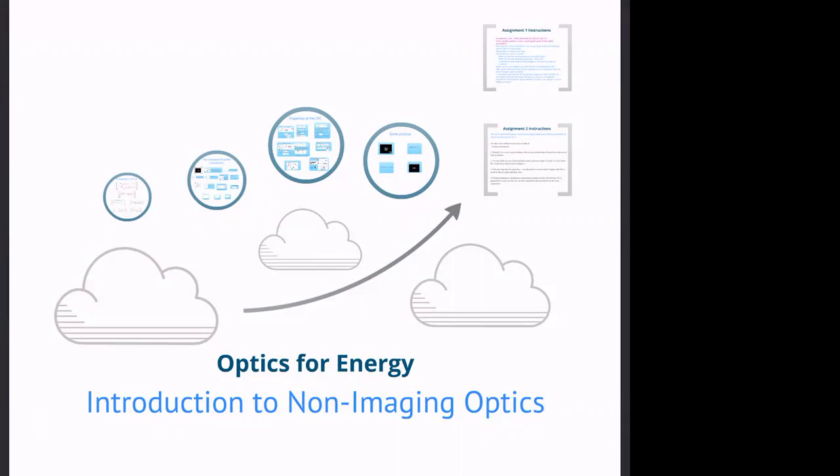So the rest of the class is an introduction to non-imaging optics, and I realize that we don't have much time, but we'll get started here. First of all, I'm going to post a couple of useful resources on the website.